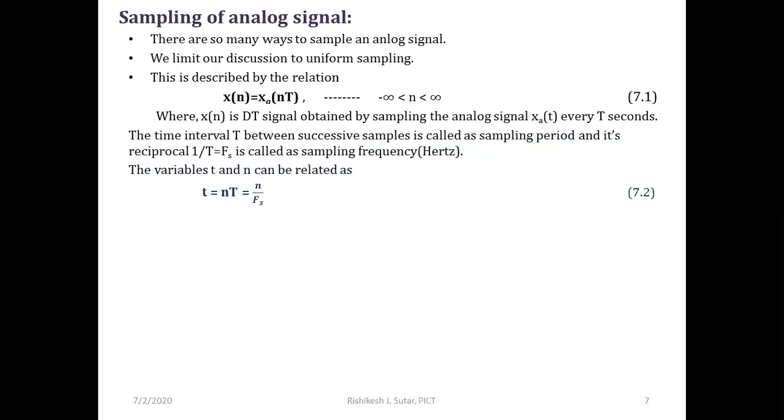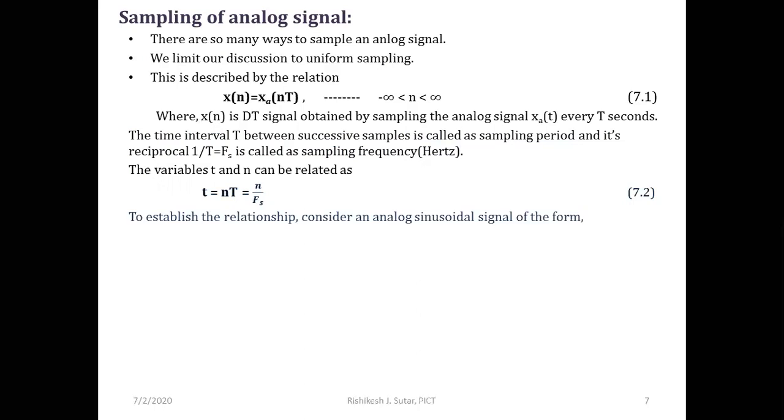As I know that T is equal to 1 upon Fs, I can write the variables t and n as small t is equal to nT, which is equal to n upon Fs, because capital T and Fs are reciprocals of each other.